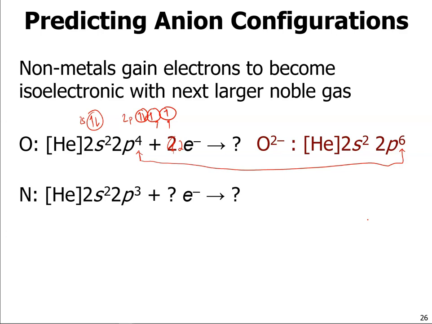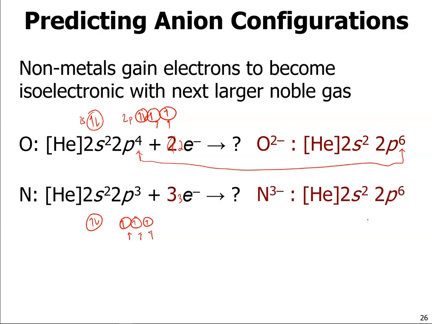And you can pretty well see here, if we do the same thing, the 2s is filled. We don't need to worry about that. It's the 2p orbital. We have 1, 2, 3, so we have 3 spots here that are empty where electrons could go in. We could add 3 electrons here, which would give us a 3 minus charge, and that would give us the same exact noble gas configuration here.